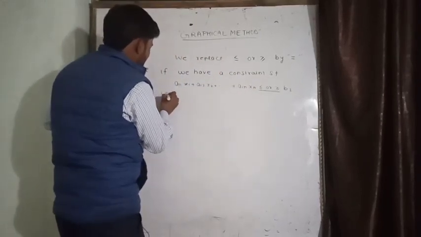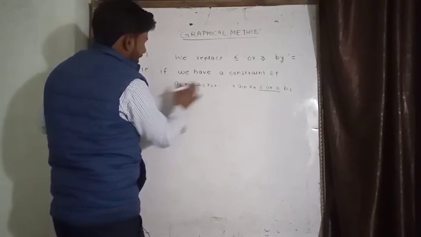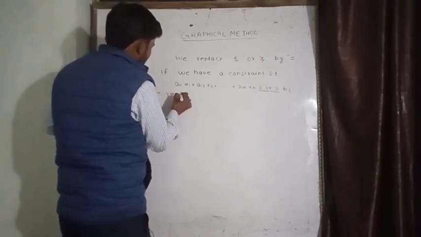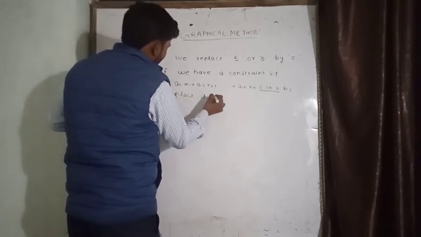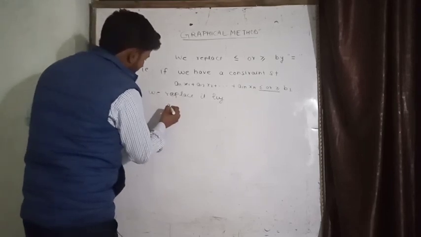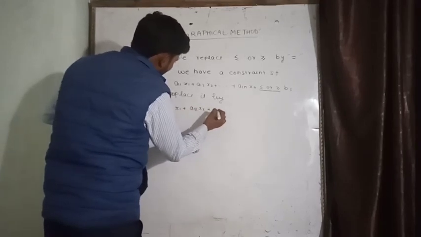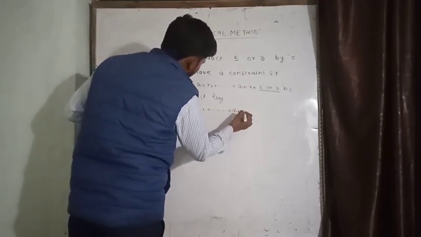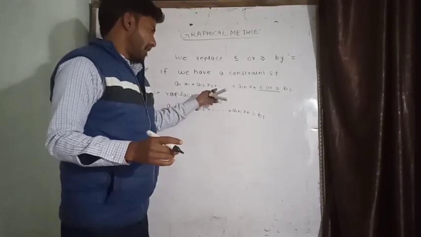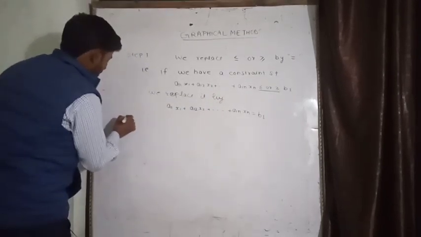That is, we replace it by a11 x1 plus a12 x2 plus so on plus a1n xn is equal to b1. That is, this inequality can be replaced by an equation. This is called step first.